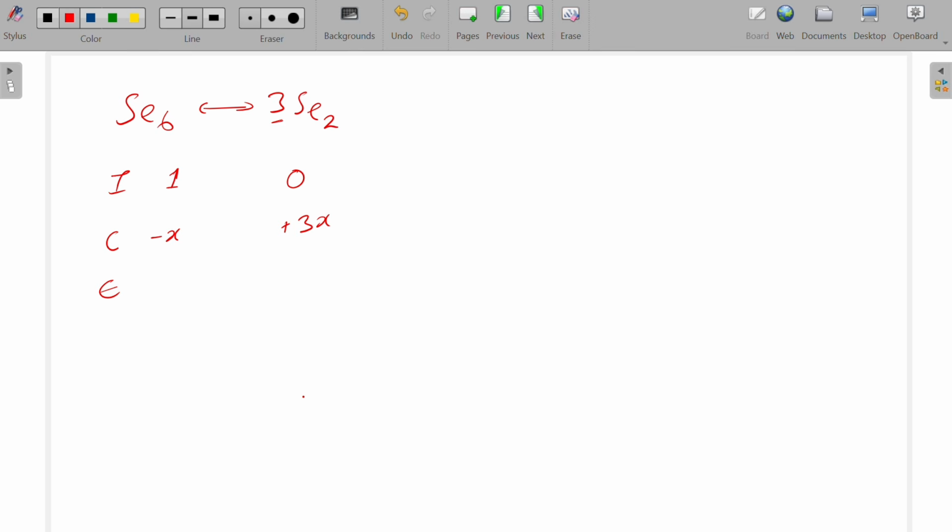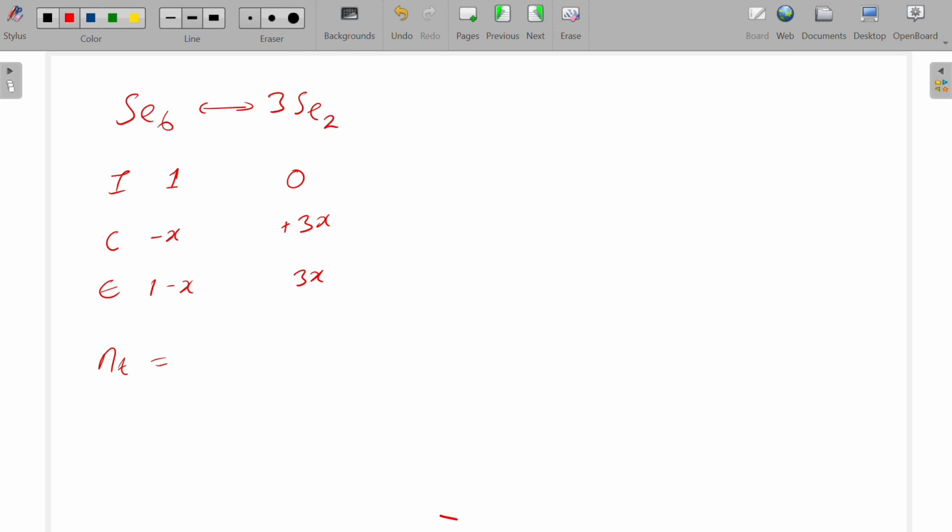So at equilibrium, we're going to have 1 minus X, and here we're going to have 3X in this case. So this is what we're going to have at equilibrium for this dissociation. Now, the next step we need to take is to find the total number of moles at equilibrium.